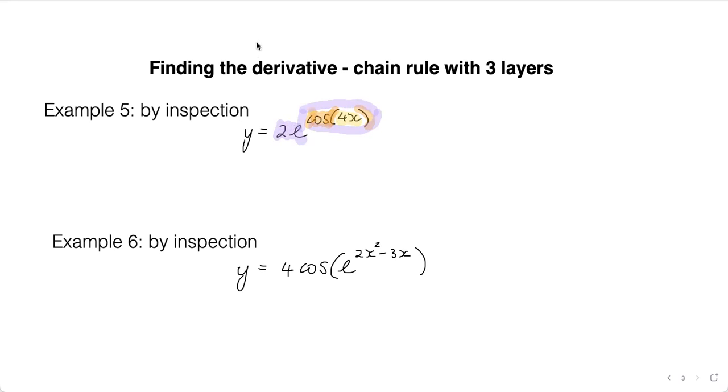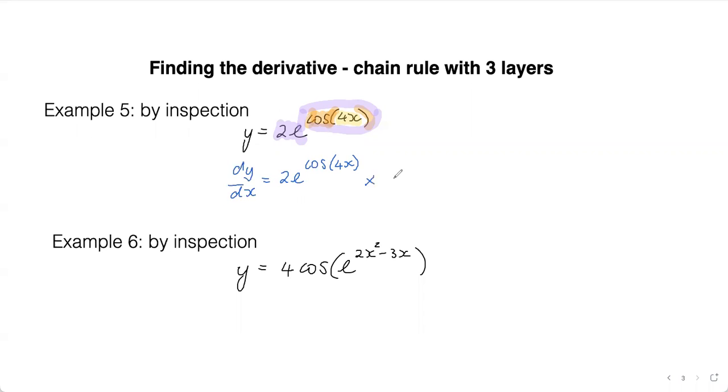So if you work systematically and just start at the outside and work your way layer by layer in, then you won't go wrong. So the derivative of y with respect to x is going to be, so the derivative of the very outside layer. Remember, the derivative of e to the x stays the same. So basically this whole thing stays the same, times the derivative of our next layer, that's the cos.